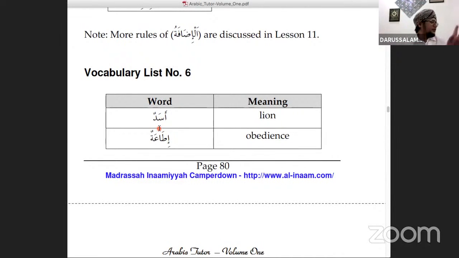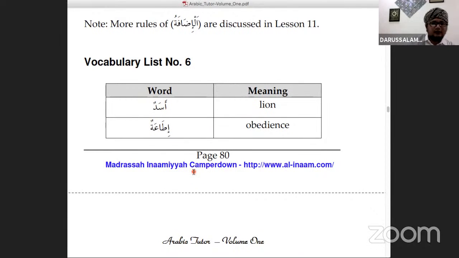The first rule: the mudaf, the first part, cannot have al, cannot have tanween. And the second rule is that the mudaf ilayh must be majrur.